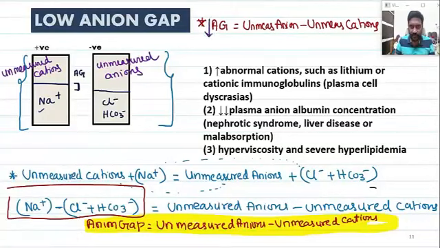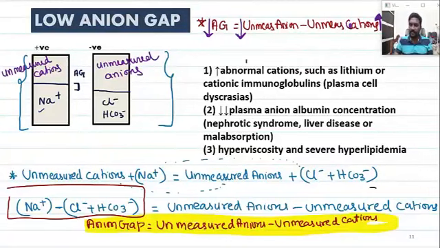Low anion gap. So when can this happen? Either unmeasured anions are decreasing, or unmeasured cations are increasing. Any of these. So very simple. If unmeasured anions decrease, anion gap decreases. If unmeasured cations increase, anion gap will again decrease. So let us see one by one.